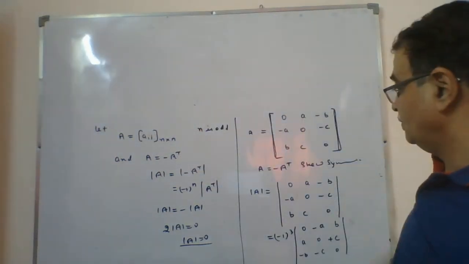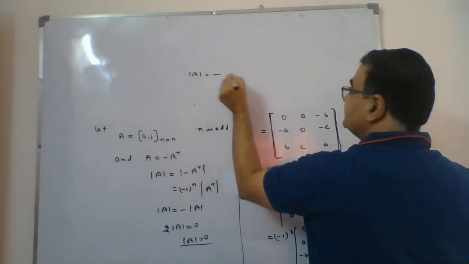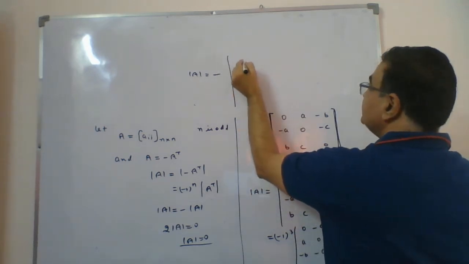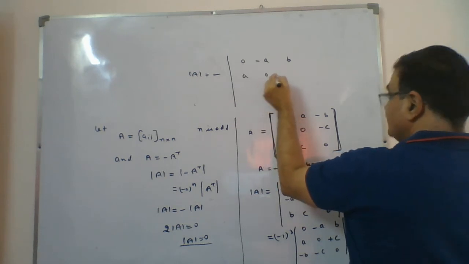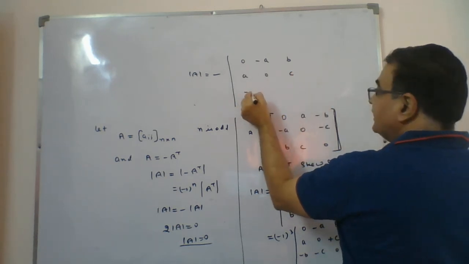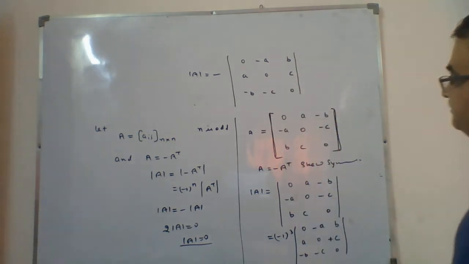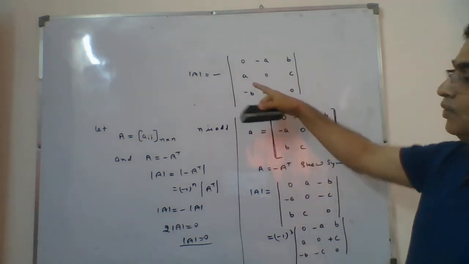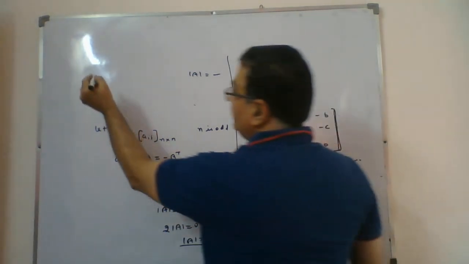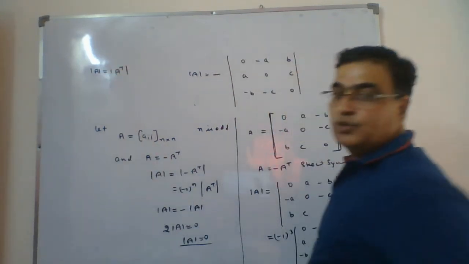And now, this determinant A will be minus of this: 0, minus A, B, A, 0, C, minus B, minus C and 0. Is it right? And now, we have already done that determinant A is determinant of A transpose.